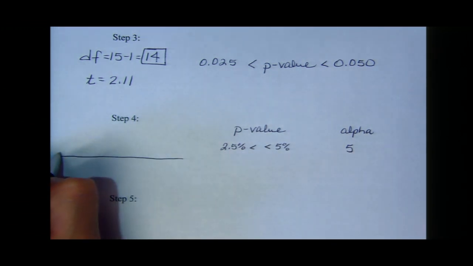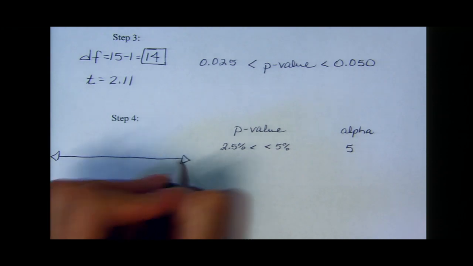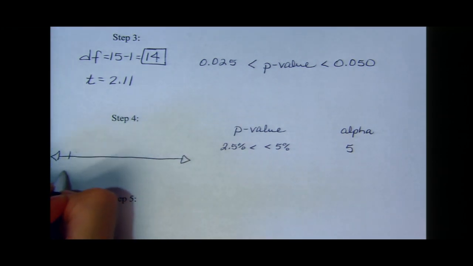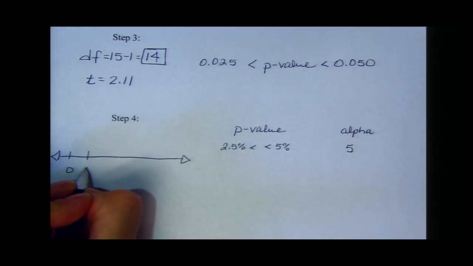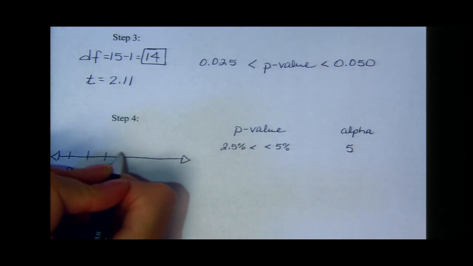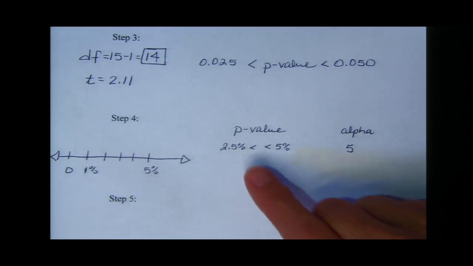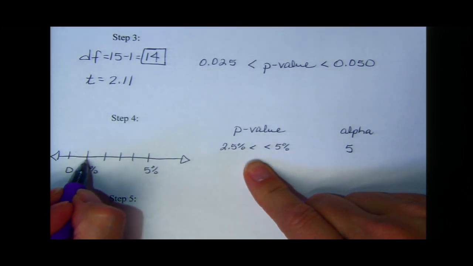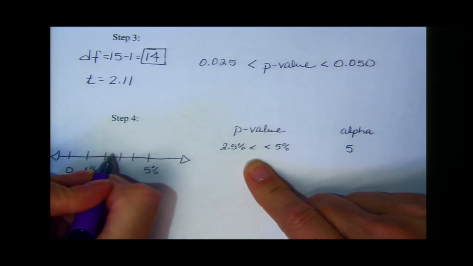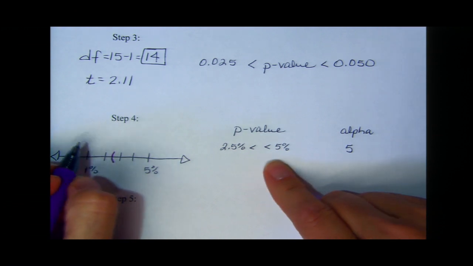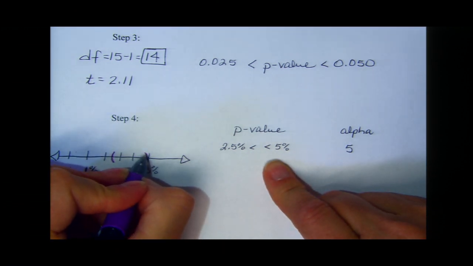So I'm going to draw my little number line again. So here's 1%. Here's 5%. Okay, so the p-value is between 2.5 and 5.